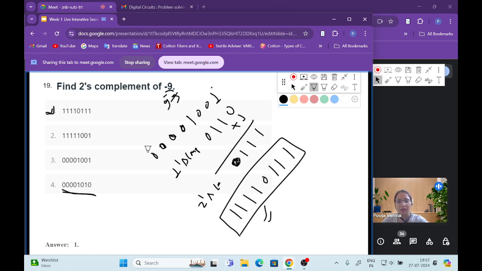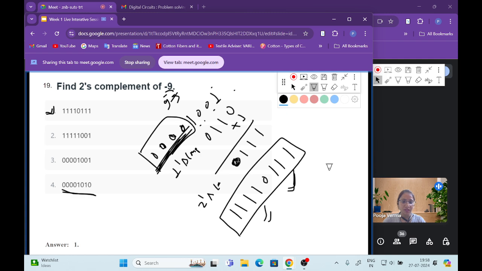You can take 1 1 1 1 0 here also, but the number will be greater, so it's not suggested to take that 4 bit. First take 9, then 1's complement, 2's complement, then take it like this, for solving this type of question.